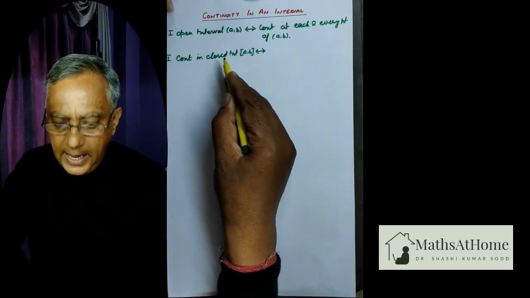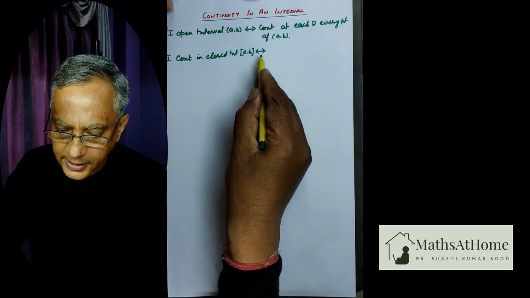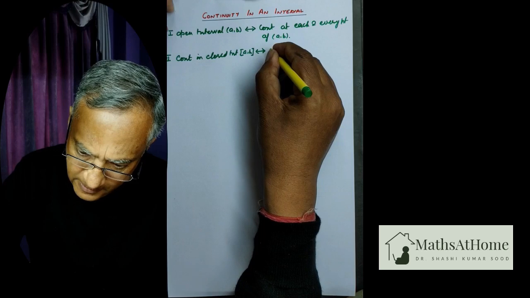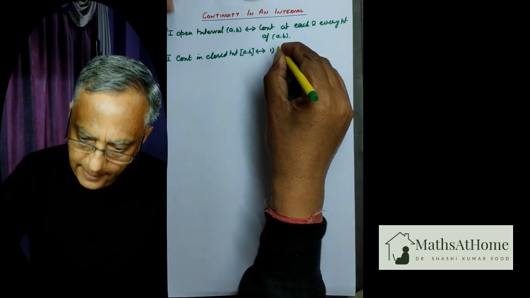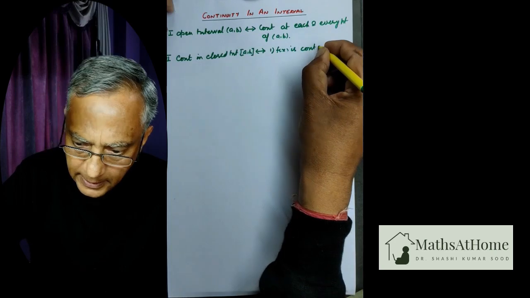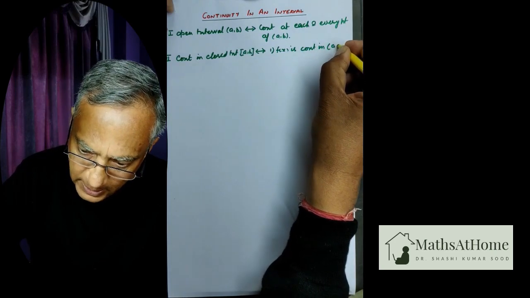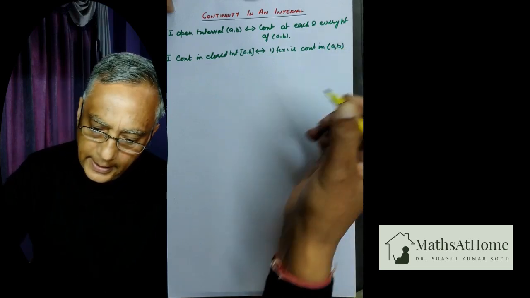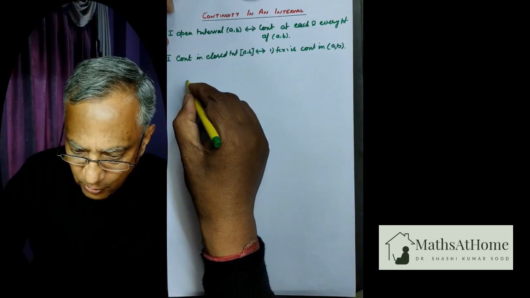A function f(x) is said to be continuous in the closed interval [a, b] if and only if, first, f(x) is continuous in the open interval (a, b).